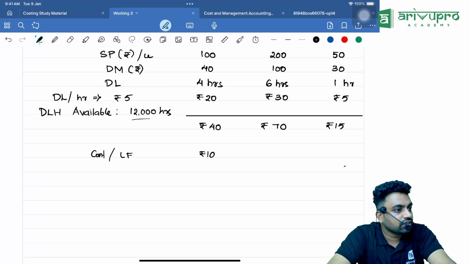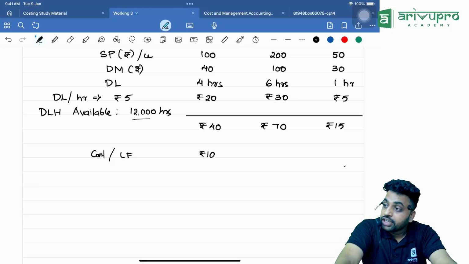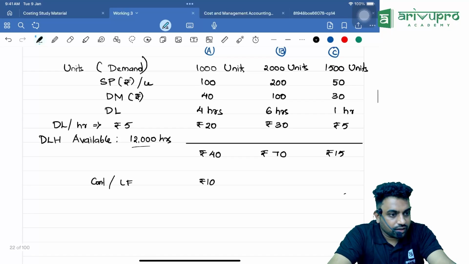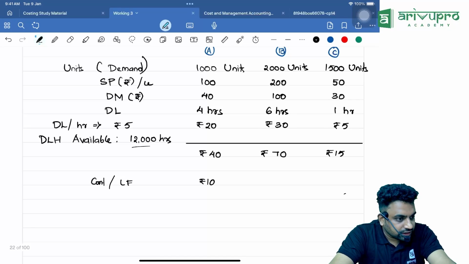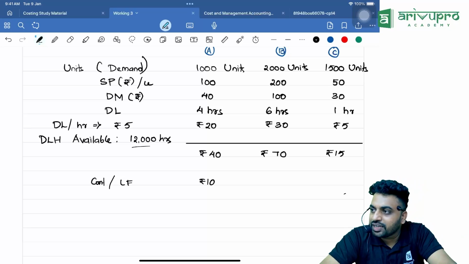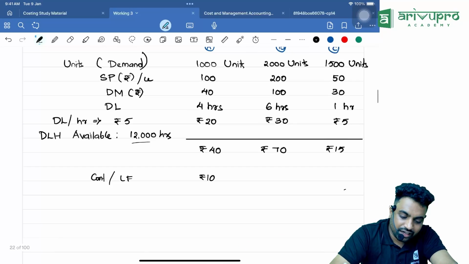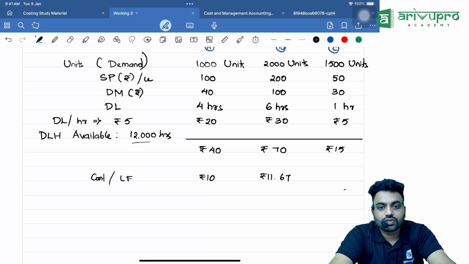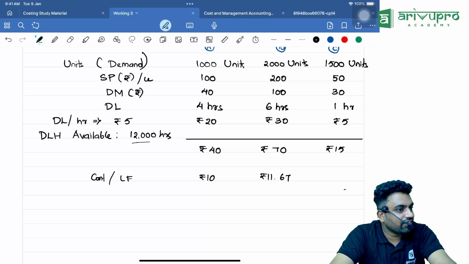Now B, you can take 70 rupees as a contribution per unit. Each unit will take how many hours of labor? So per hour 11.67. Got it? Next.